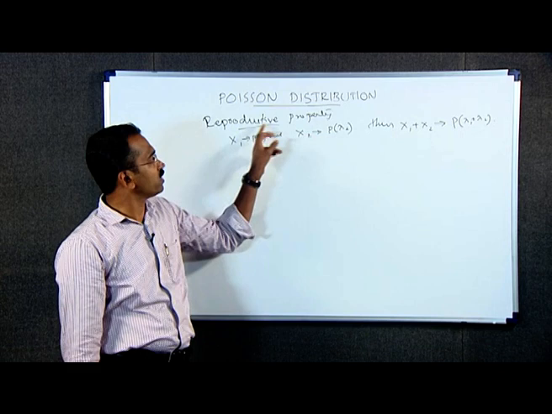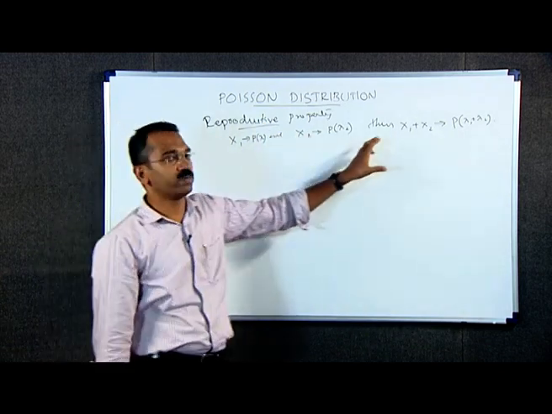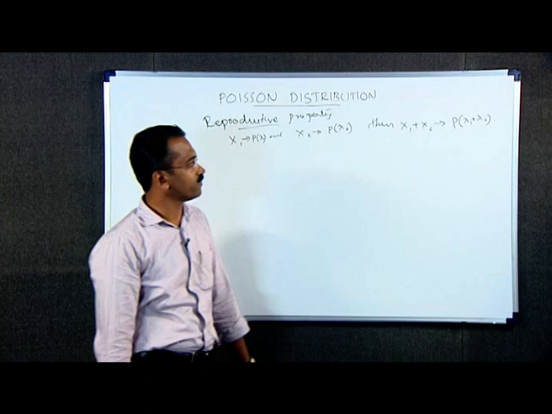This is the reproductive property or the additive property of Poisson distribution.